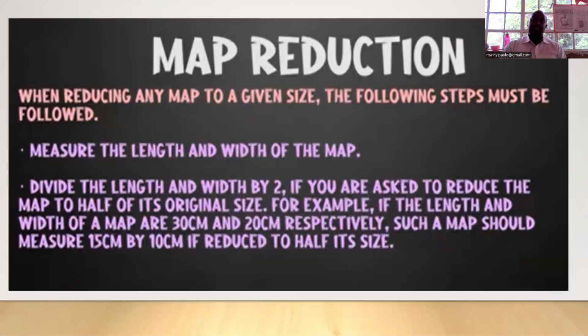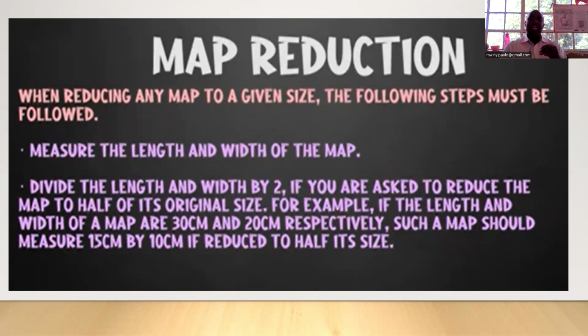We go to reduction of a topographical map. When reducing any map to a given size, these are the steps that must be followed. One, measure the length and the width of the map. Divide the length and the width by 2. That is, if you've been asked to reduce the map to half of its original size.